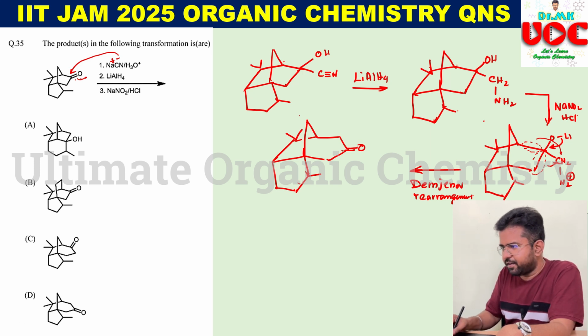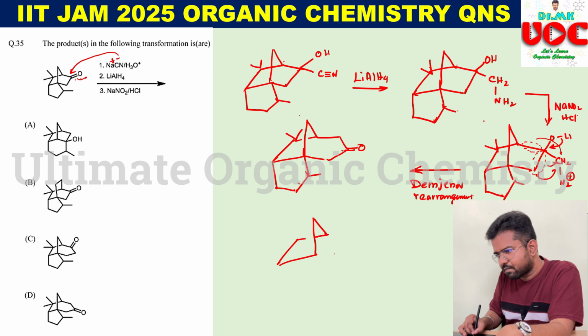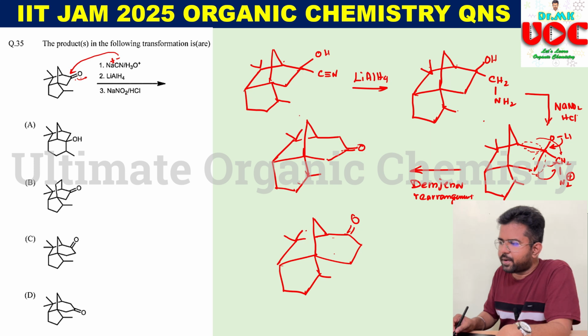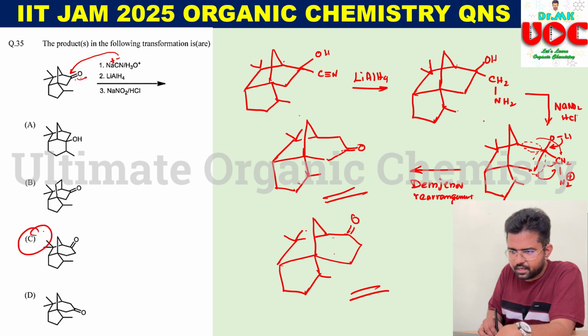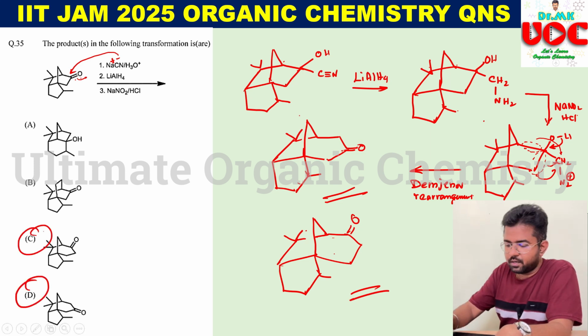The other option can be, if this part is undergoing migration, already one CH2 group is here, one more CH2 group will be added. If you look at these two options, I think option 3 and option 4 are the right answer. C and D are right.